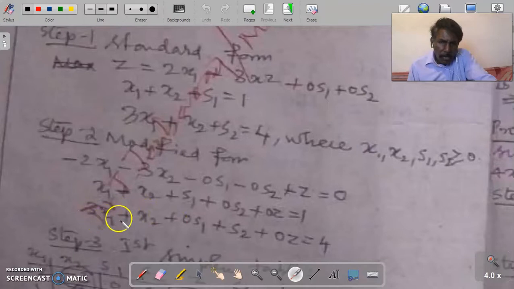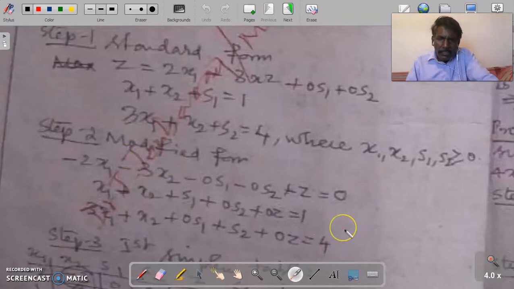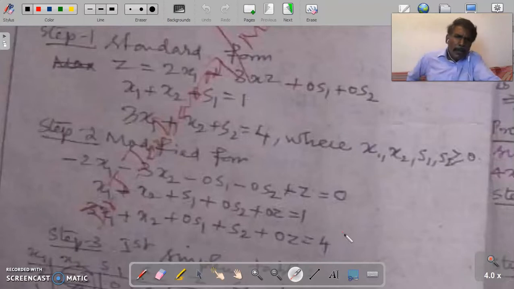So 3x1 plus x2 plus 0s1 plus s2 plus 0z, because here z is not there. So variables on the left hand side and constant on the right hand side is called a modified form. That's the next step.